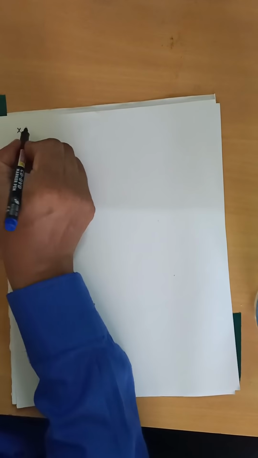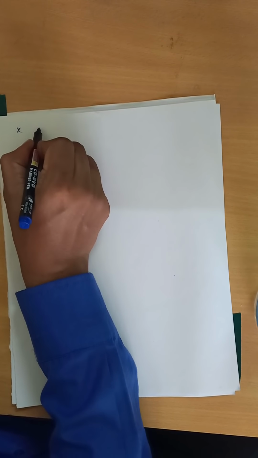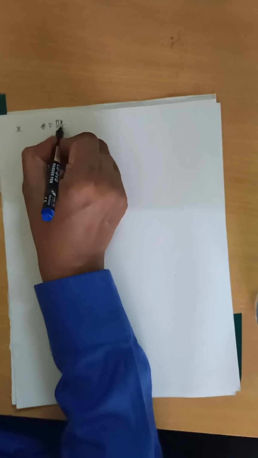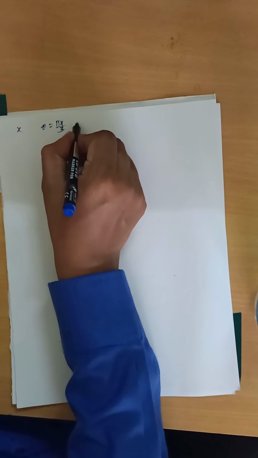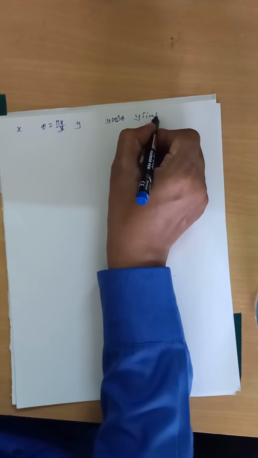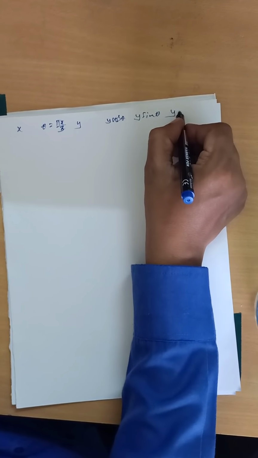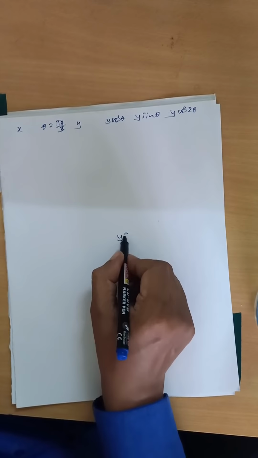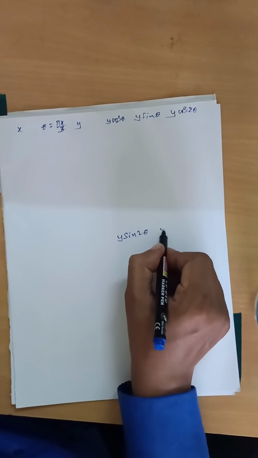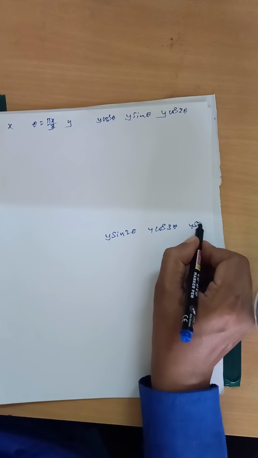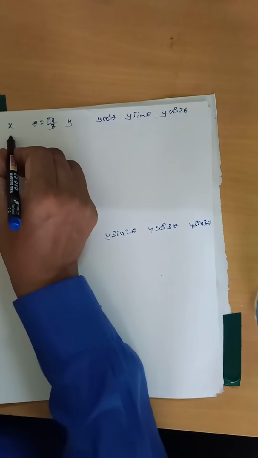Next, you prepare the table by using x, theta denoted by pi x by L, L is 3. Next y, we want y cos theta, we want y sin theta, we want y cos 2 theta. Next, y sin 2 theta, y cos 3 theta, y sin 3 theta.